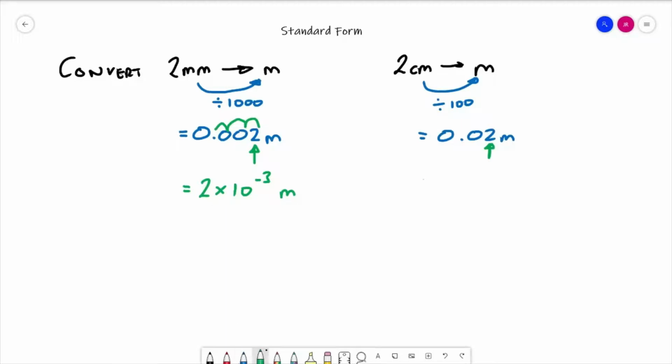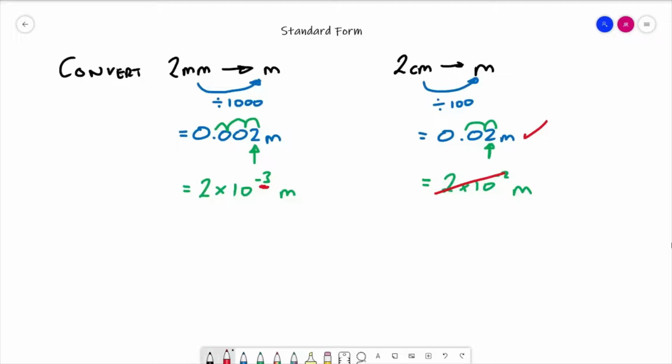So again, the temptation might be to write that as 2 times 10 to the minus 2 metres. But again, because we're not hitting the times 10 to the minus 3, we wouldn't write it as that. We would just leave it as 0.02 metres.